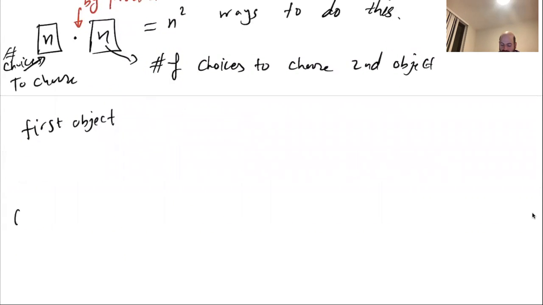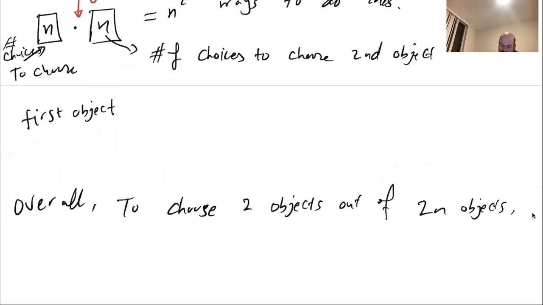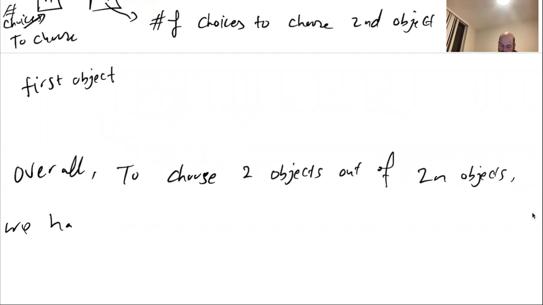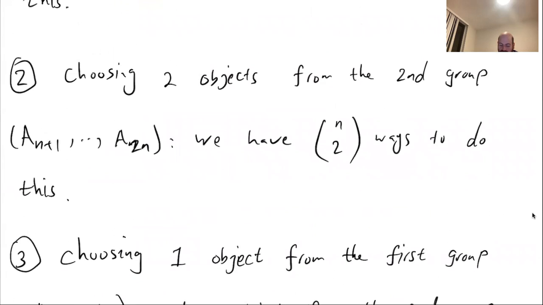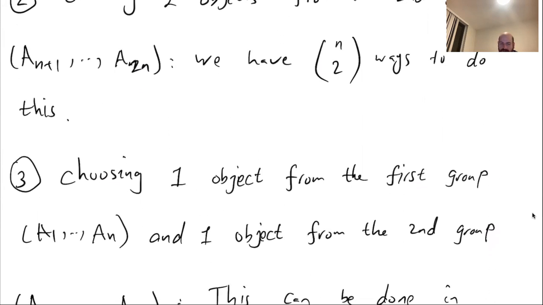So overall, to choose two objects out of 2n objects, we have how many ways? I counted how many ways we have in option number 1, option number 2, and option number 3.